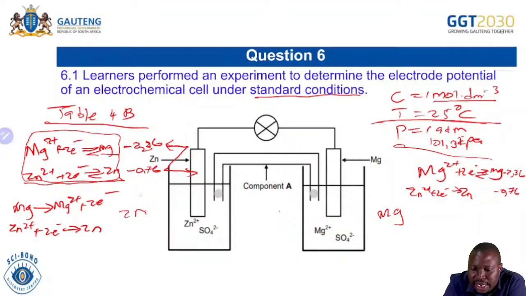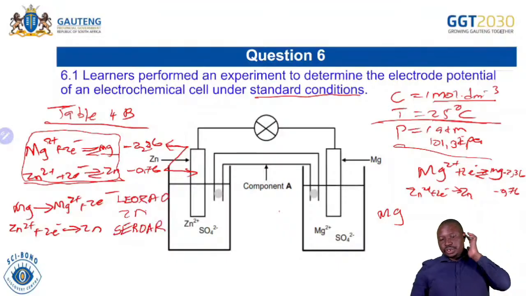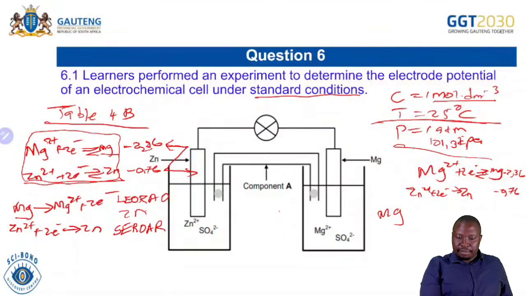And because the electrons are on the right there, we are saying this is loss of electrons, which we refer to as oxidation, which is where you find your reducing agent, which is oxidized. Here you are having your gaining of electrons, which is your reduction, where your oxidizing agent is reduced. So magnesium is losing electrons, it means it's undergoing oxidation.